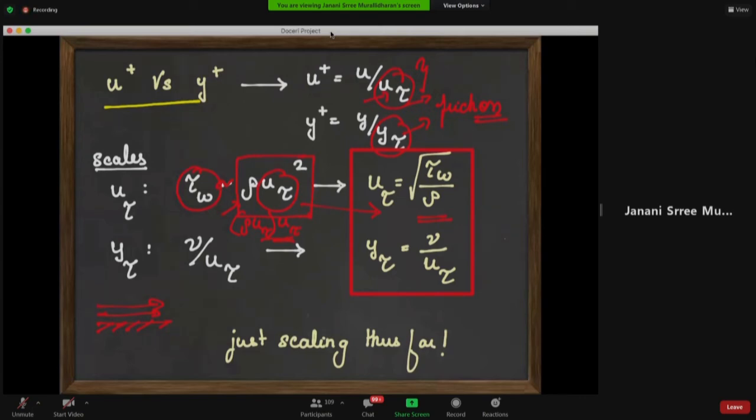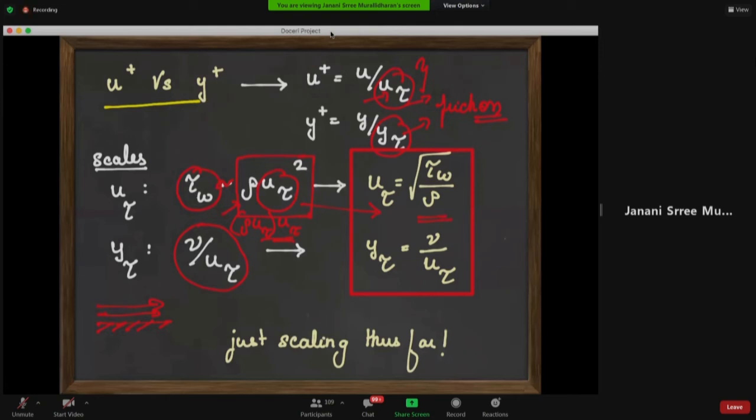For the distance, we use my kinematic viscosity, which is basically the property of the fluid. Why do you have friction? It's friction between the layers, so viscosity is contributing. For units' sake, viscosity divided by this near-wall velocity will give me the distance scale, the length scale of this eddy, if you might say it to be an eddy.